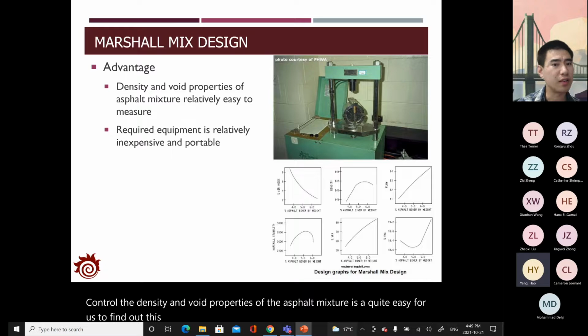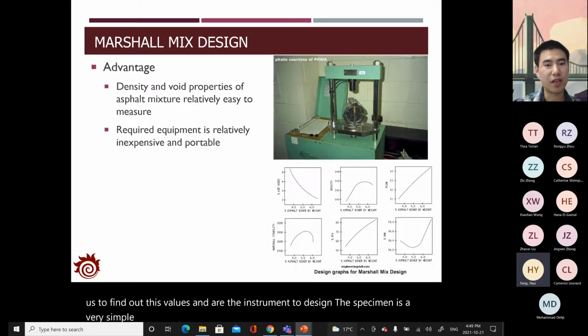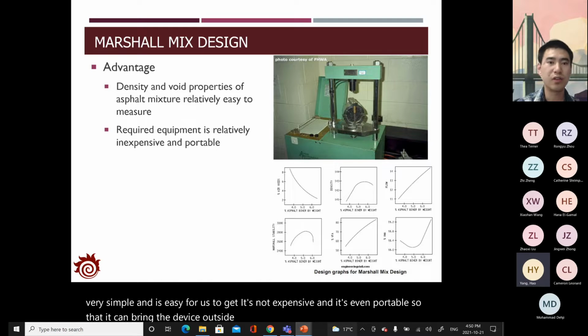And the instrument to prepare the specimen is very simple and easy for us to get. It's not expensive and it's even portable, so that we can bring the device outside or even into the field to prepare the specimen.